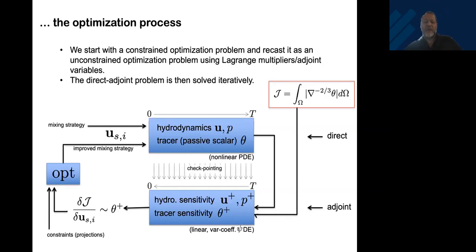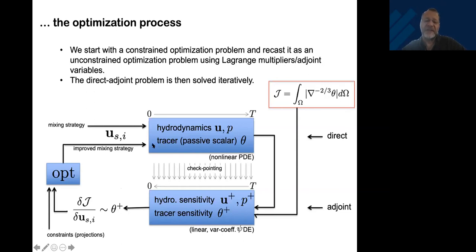So there's one more hiccup to the whole thing that is causing quite a bit of headache, and that is, as you solve the sensitivity equations on the bottom backward in time, you actually need the solution of the forward problem.